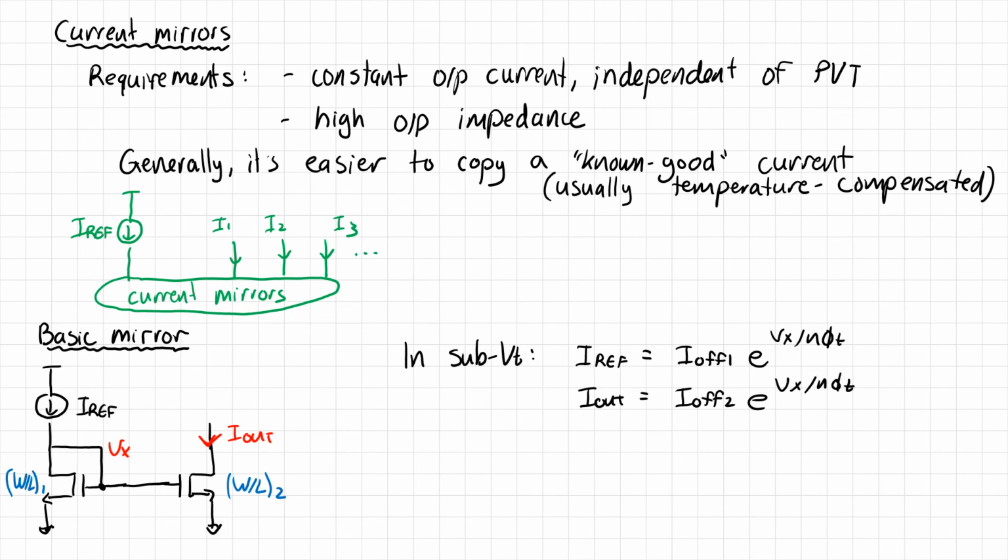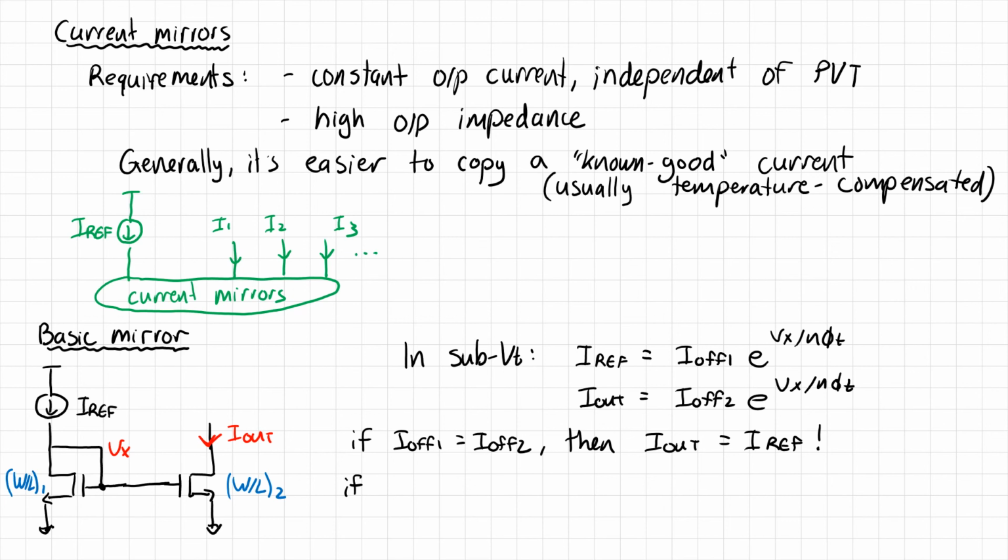They both have the same gate voltage, right? So if I off 1 is equal to I off 2, then I out is simply a copied version of Iref. Okay? Again, this is ignoring DIBL, ignoring channel length modulation, and so on.